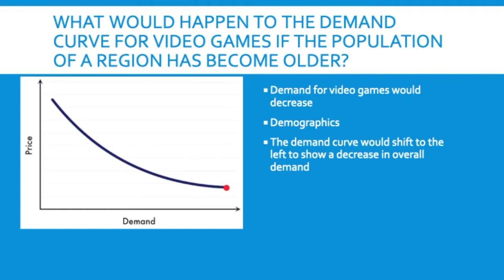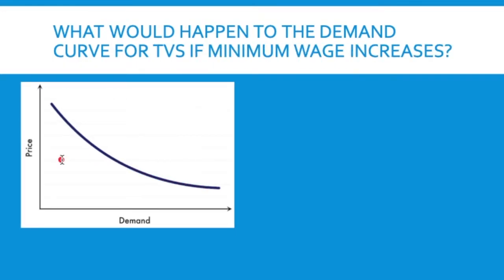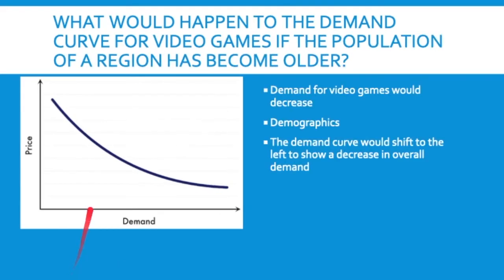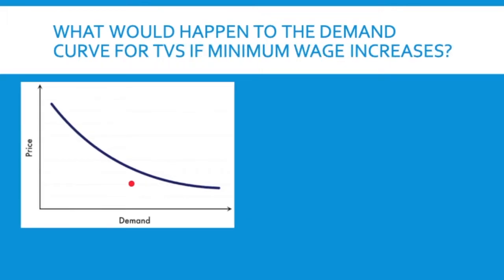So as demographics change, this whole line would shift to the left, because at all these different prices, fewer people would buy. If people were buying video games at $50 here, that might move over here. Now nobody wants to buy at $50, and the whole line would shift down over here.